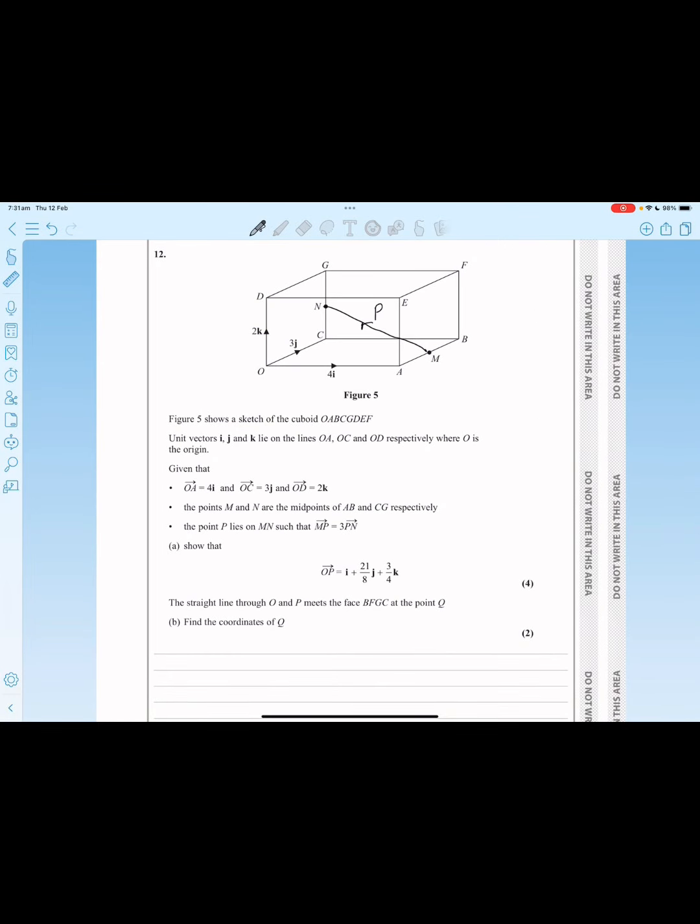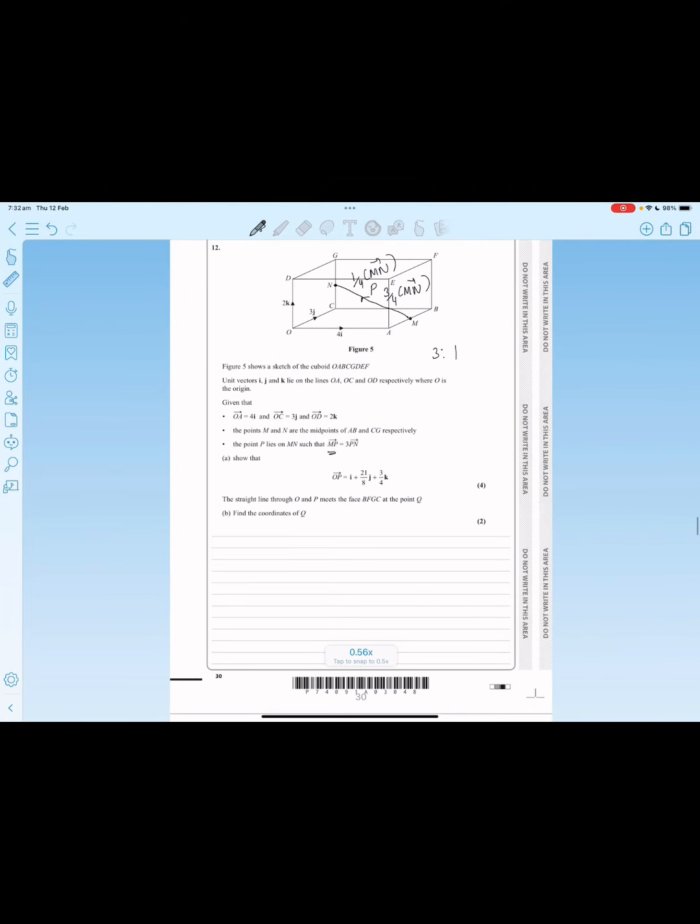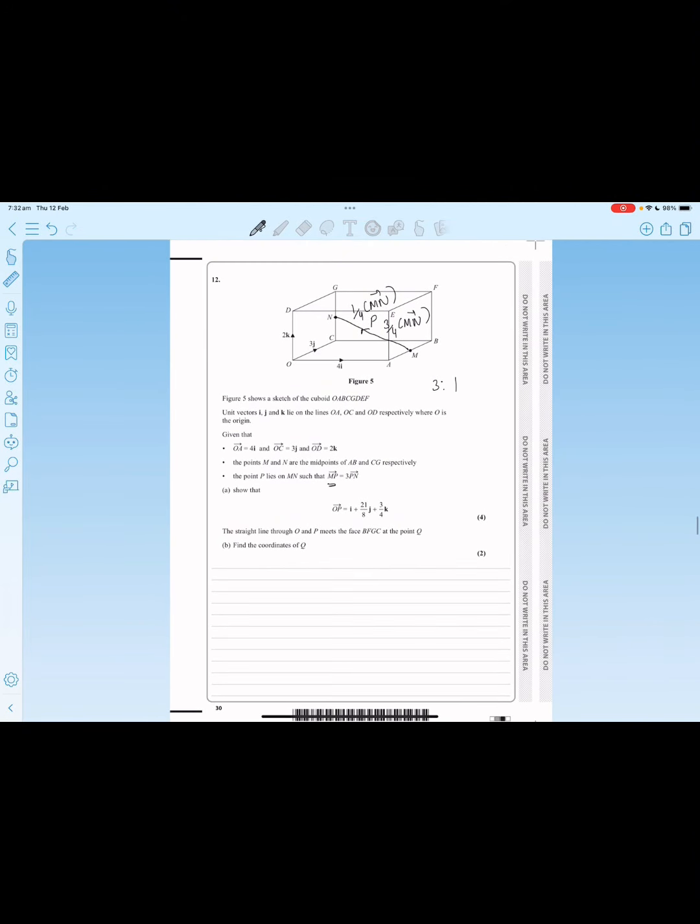Okay, so this is my point P. The ratio is 3:1, and MP is 3 times larger. So essentially, MP is just 3 over 4 times MN, and then PN is just 1 over 4 times MN. Show that OP is given by this vector.